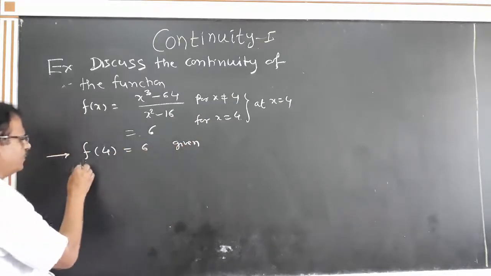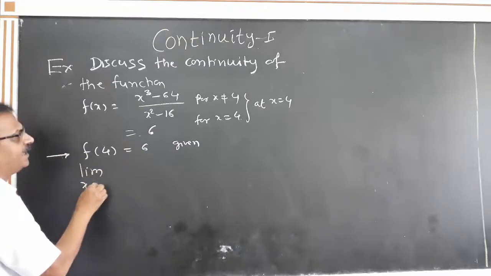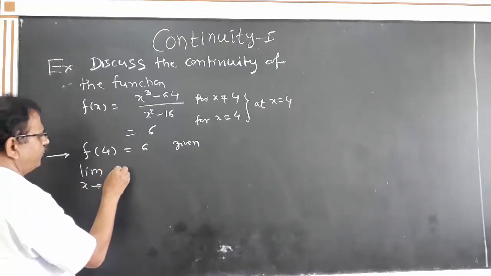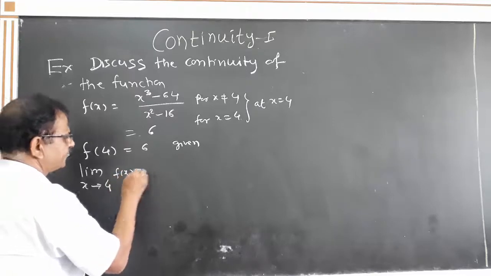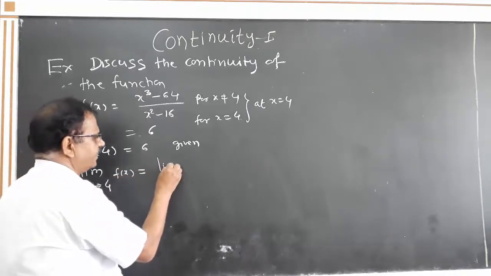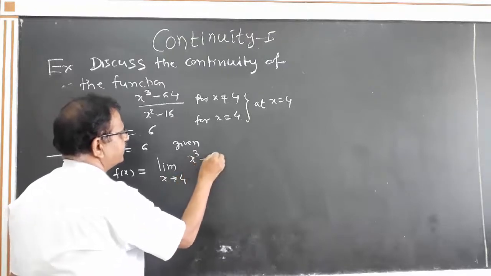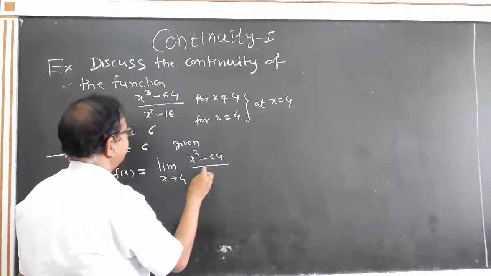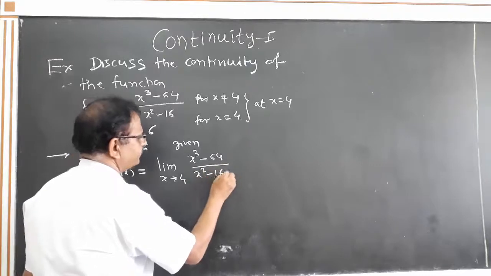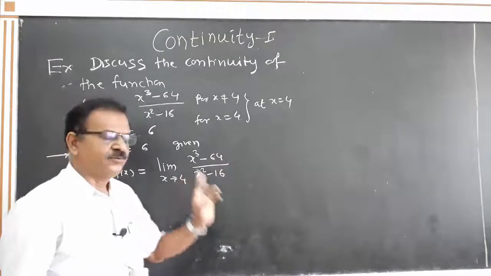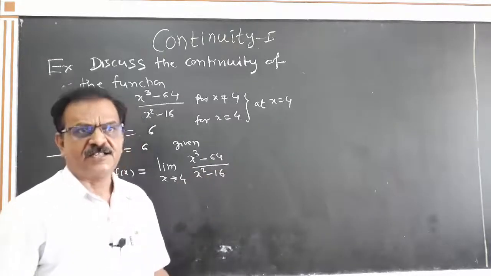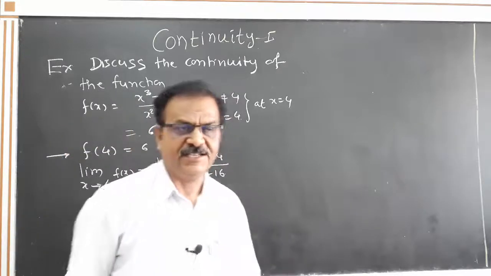Now we shall find out limit x tends to 4 of f(x). This is equal to limit x tends to 4 of (x cube minus 64) divided by (x square minus 16). Here also we shall try to factorize the numerator and denominator and try to cancel some common factor if there exist.